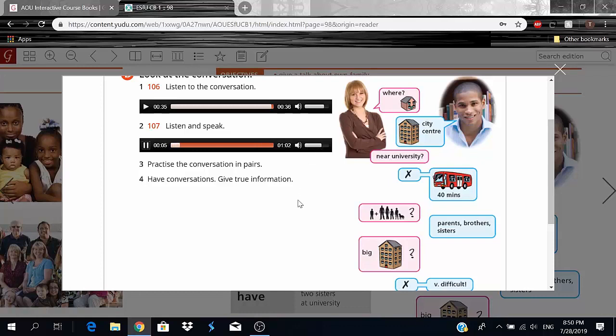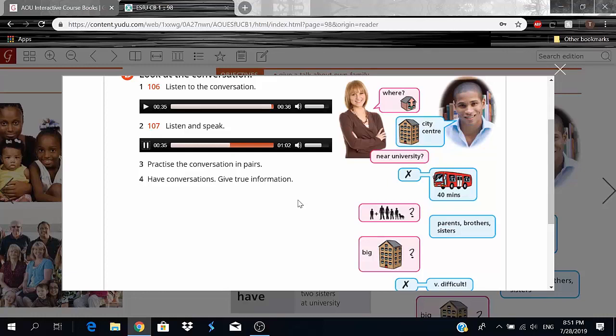Exercise D2. Listen and speak. Where do you live? In an apartment in the city centre. Is it near the university? No, it isn't. The bus takes 40 minutes. Who do you live with?